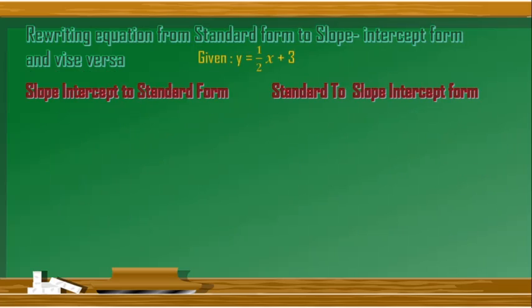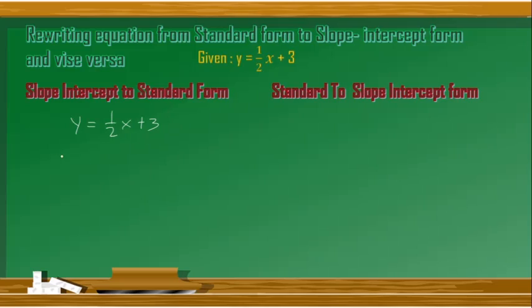Our given is written in slope-intercept form. So we will convert that one from slope-intercept to standard form. Okay, first we have to write the given. y is equals to 1/2 x plus 3. Okay, to eliminate this one, we will apply the multiplication property of equality.